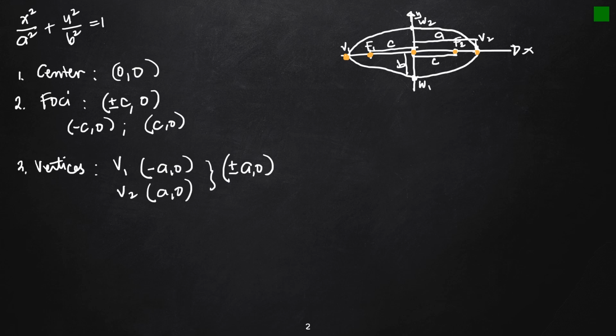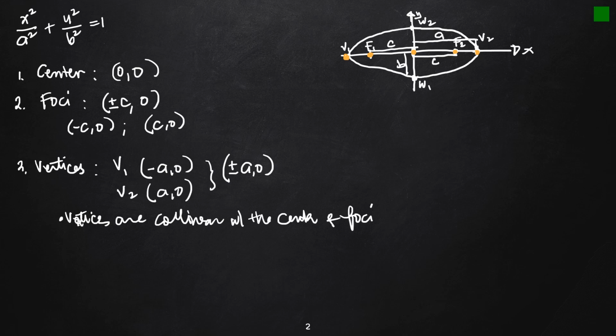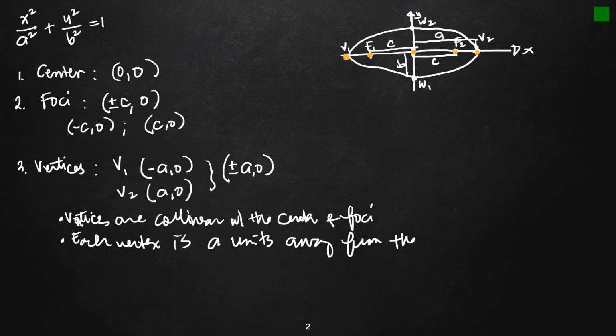Therefore, take note that our vertices are collinear with the center and the foci, and each vertex is a units away from the center of our ellipse.